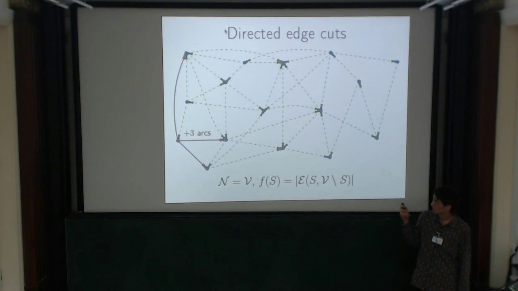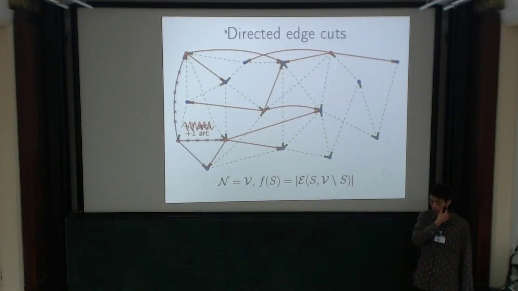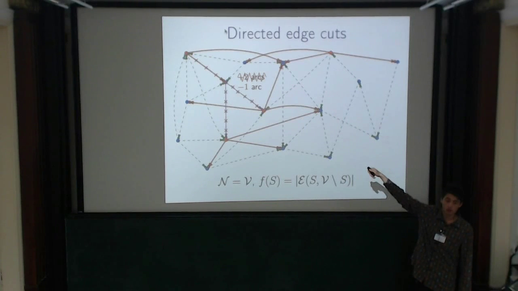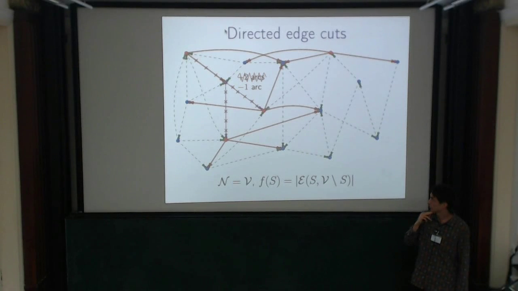If I put my cut back, he's only worth 1, right? But at least that example is still monotone. So if I instead look at something up near the top left, okay, he's worth 2. And if I put that red set back, now I'm actually losing an arc that I had before. And those other 2 don't get me points either. Okay? So that's going to be my running examples.